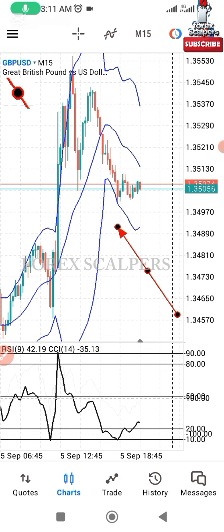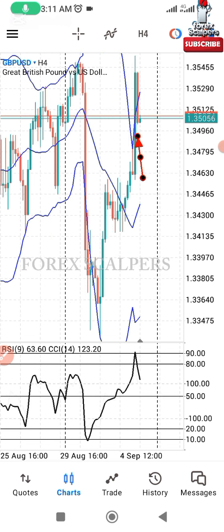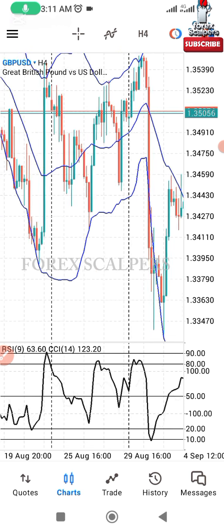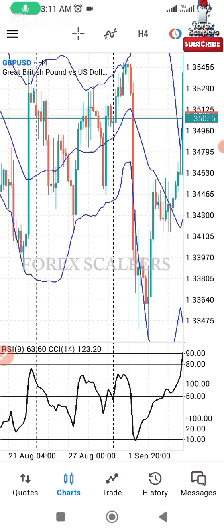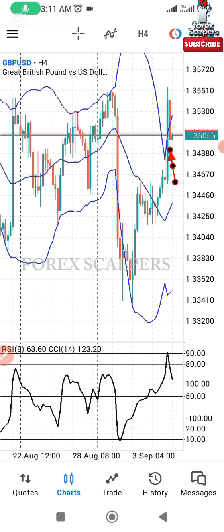So let's begin from our higher time frame. Now we want to make our analysis, right? So looking at this particular price scenario, let me show you exactly what I am talking about. If you look at this scenario here, you realize that price is giving us a higher low here, a higher high here, right?